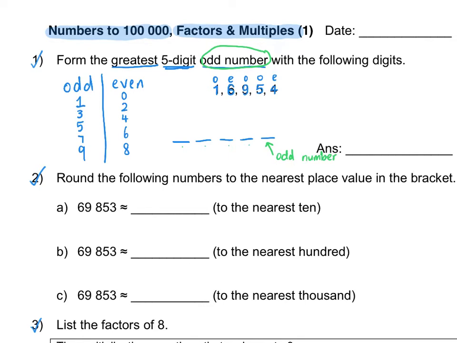Next information. They want us to form the greatest number. So what does it mean? How do we form the greatest number? The very first digit, must it be a very big number or must it be a very small number? It must be a very big number so that this 5-digit number is the greatest number.